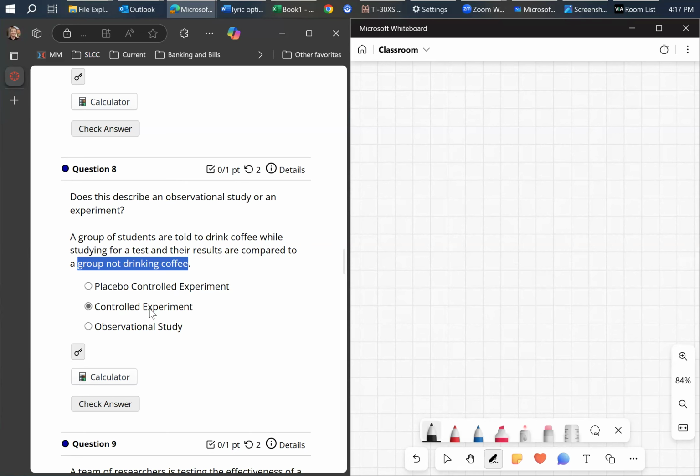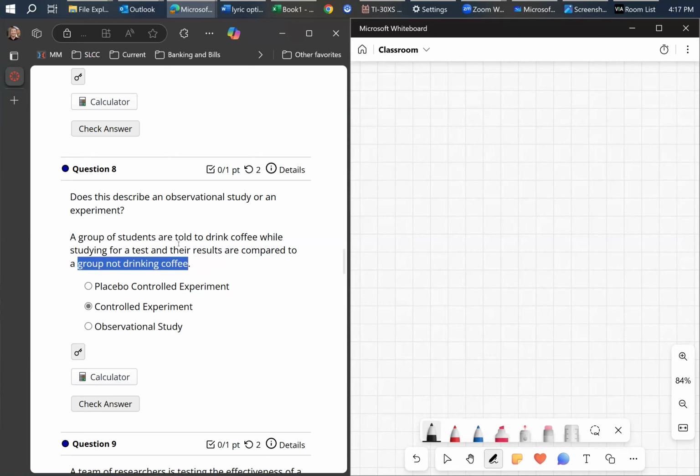This is a controlled experiment. A placebo-controlled experiment, in this case, would be students are told to drink coffee while studying for a test, and the results are compared to a group drinking non-caffeinated coffee where they couldn't tell the difference. Then you could test the results of caffeine on studying.